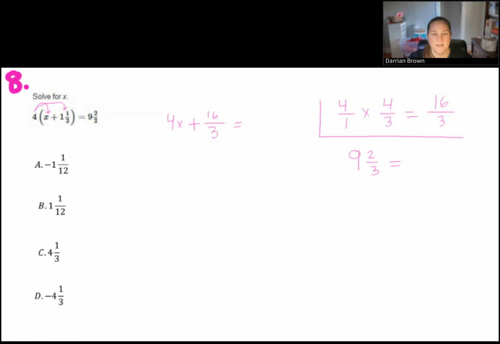And when we do that, 9 times 3 is 27, plus 2 is 29. So 29 over 3. And we'll plug that into our problem. So we've got 4x plus 16/3 equals 29/3, which is good because our denominators are the same, which means it will make adding and subtracting fractions easy.